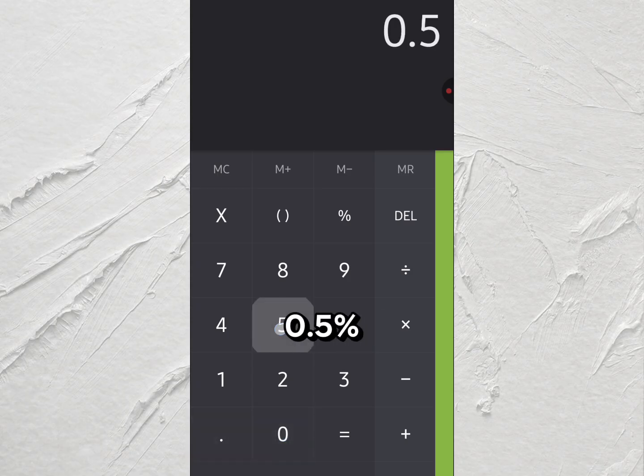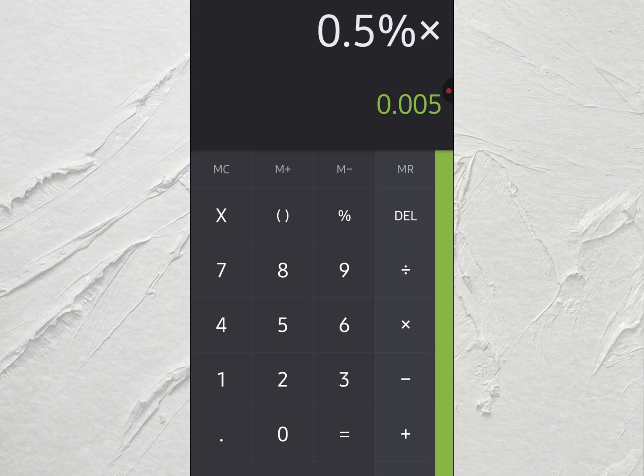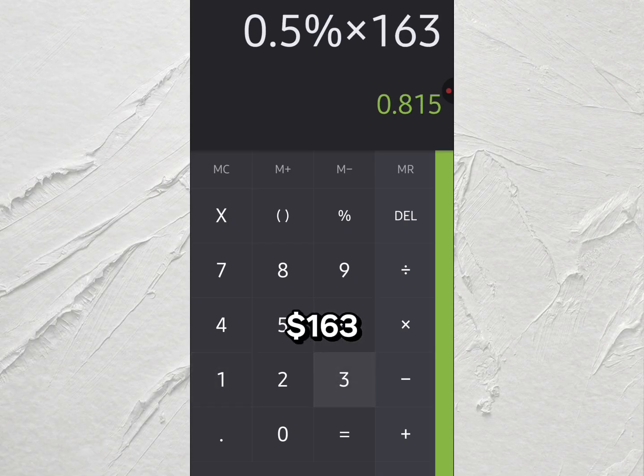So 0.5% times what? The $163 worth of our portfolio. You get to realize that 0.5% of 163 is 81 cents. We are paying 81 cents for this opening order, either we go long or we go short using market order.